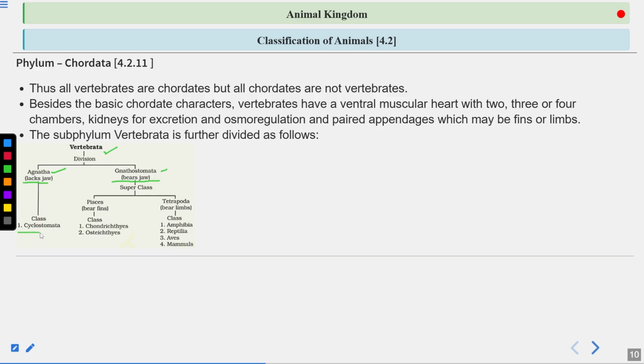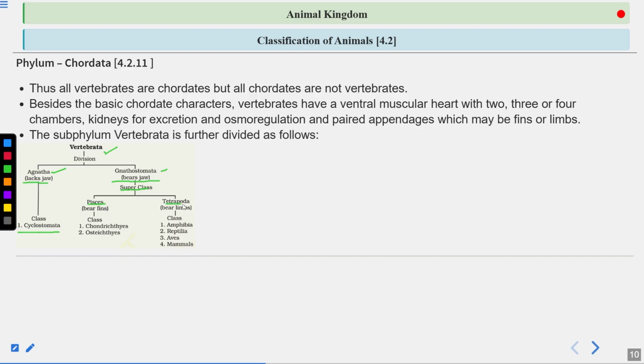They have only one class. Further, the division leads to the class. So here you can see they have only one class, Cyclostomata. Cyclostomata, right? Now, think about Gnathostomata. That organism bears jaws. It can be divided into 2 superclasses, that is Pisces and Tetrapoda. Pisces means fishes.